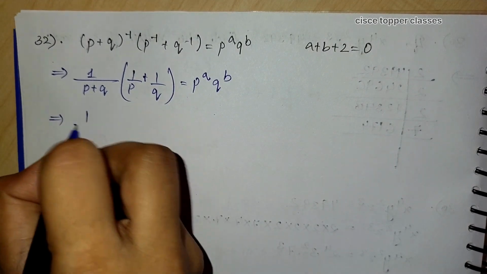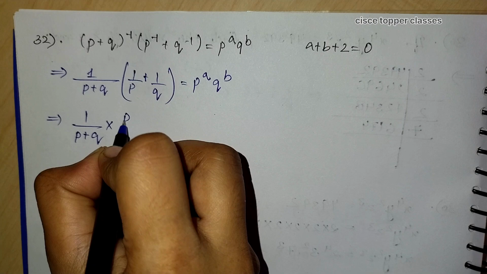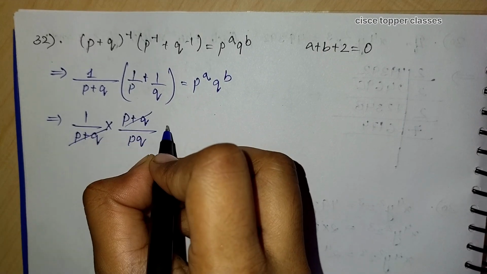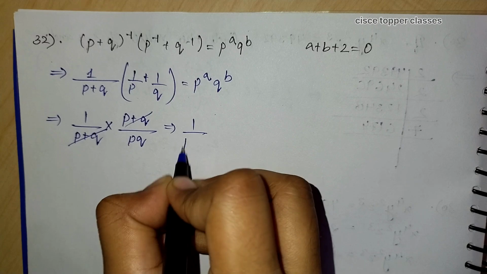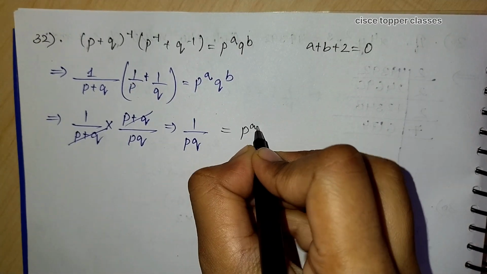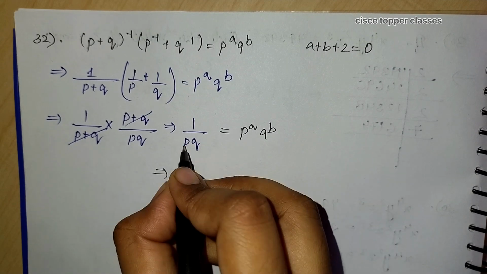Now we can simplify it by taking LCM. So it will be into P plus Q. Here it is PQ on taking LCM. This will be cancelled out from here only and it will be 1 by PQ equal to P to the power A and Q to the power B. Now we can simply write it in this form to compare the powers.